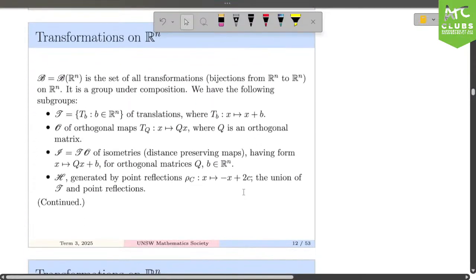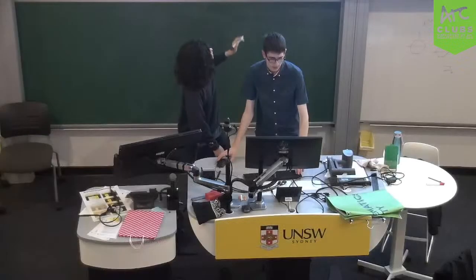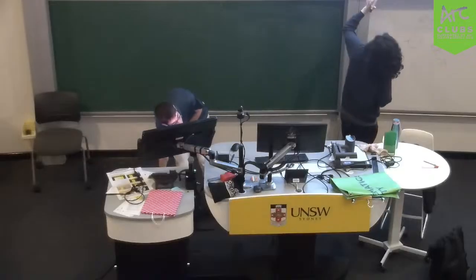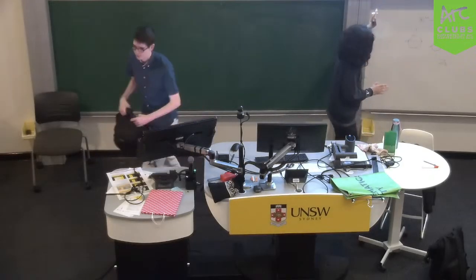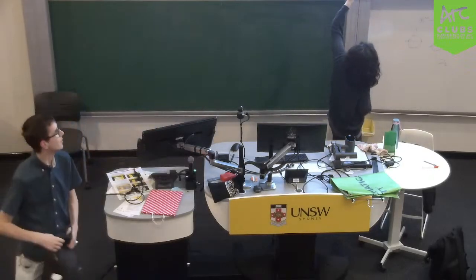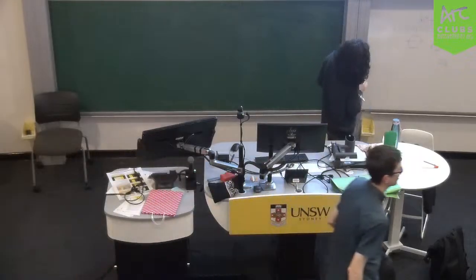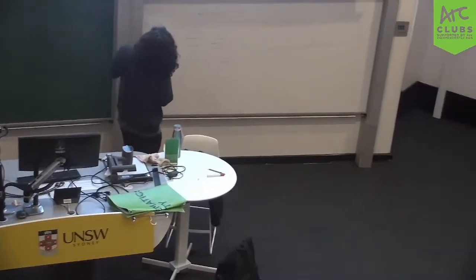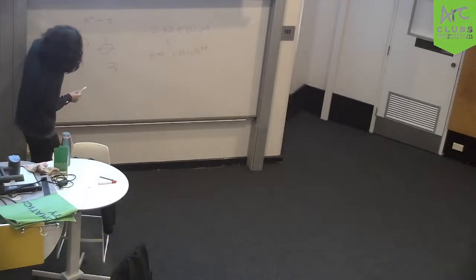Yep. Moving on to transformation groups. Now, B, at least I think that's a B, B of Rn is the set of all transformations, bijections from Rn to Rn. It is a group under composition. So we have the following subgroups.